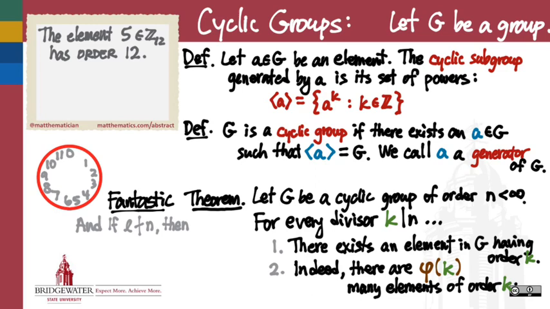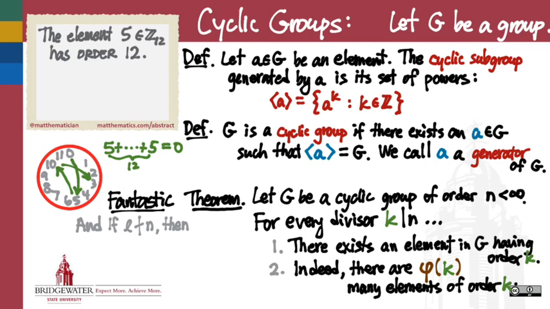The order of the element 5 is 12, because I would need to add 5 to itself fully 12 times before I got back around to 0 on my clock. In other words, if I go 5 hours forward from 12, and then 5 hours forward from there, and 5 hours forward from there, etc., 5 plus 5 done 12 times gets me back to 0. But no smaller multiple of 5 gets me back to 0.